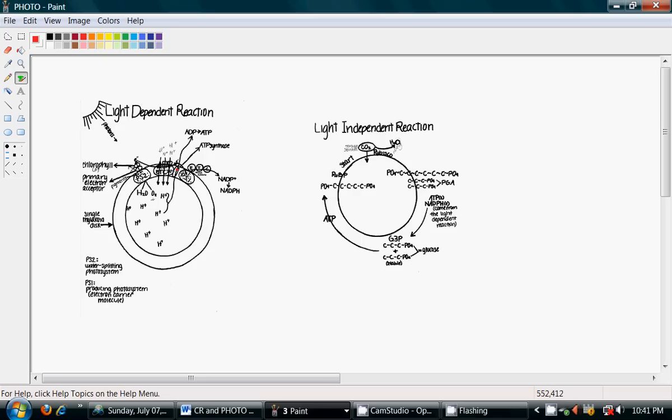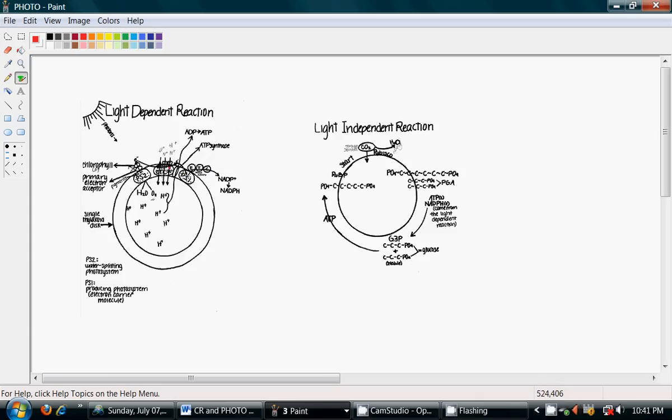Now, we're not done with this electron. It came from the splitting of water, went into these pigments, came through the proteins in the electron transport chain. Now it's going to jump to the next photosystem, the NADPH producing photosystem, or PS1. Now it does the same thing it did in the last photosystem. It bounces around from pigment to pigment, and then it eventually bounces to another electron transport chain.